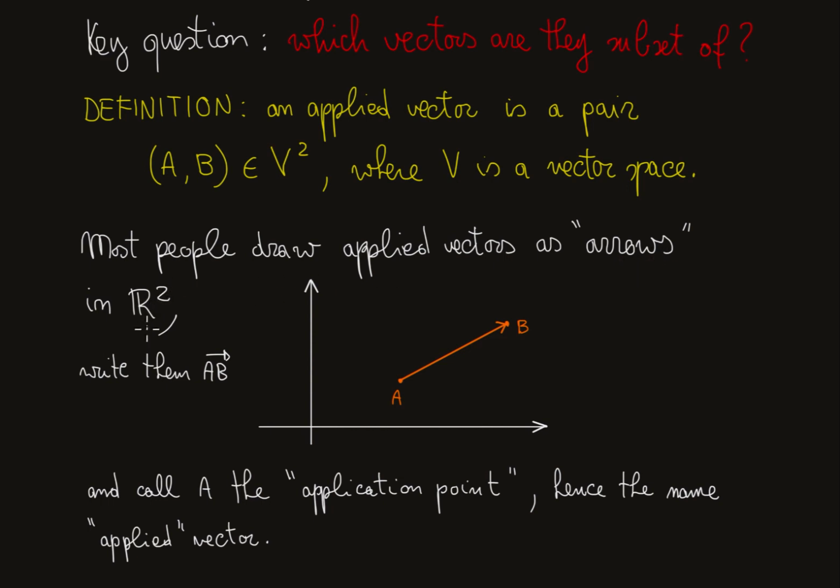In R², for example, we write them like A, B, with an arrow on the top, and we draw them with an arrow starting from A and ending in B. So A is the starting point and B is the ending point of this arrow. And we call A the application point, hence the name applied vector.